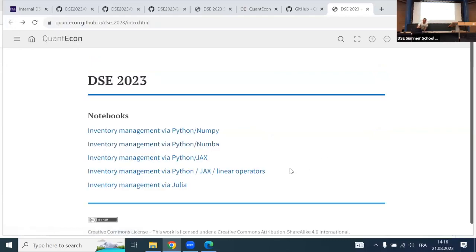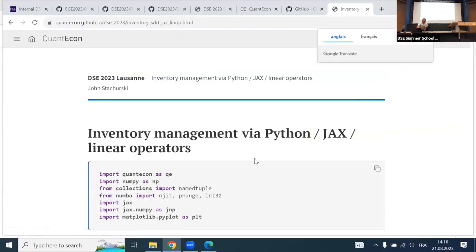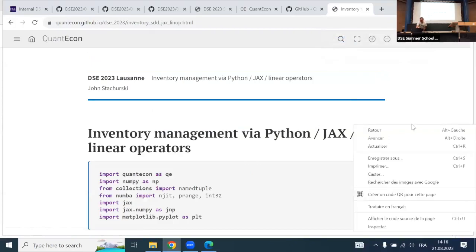I've written 2 different flavors, and since I'm running into limited time, I'm going to show you the JAX linear operator method, which I promised to show to a couple of people, so I better do it.